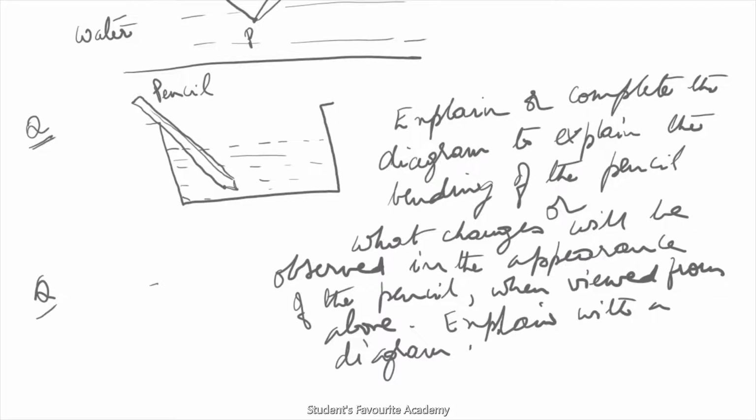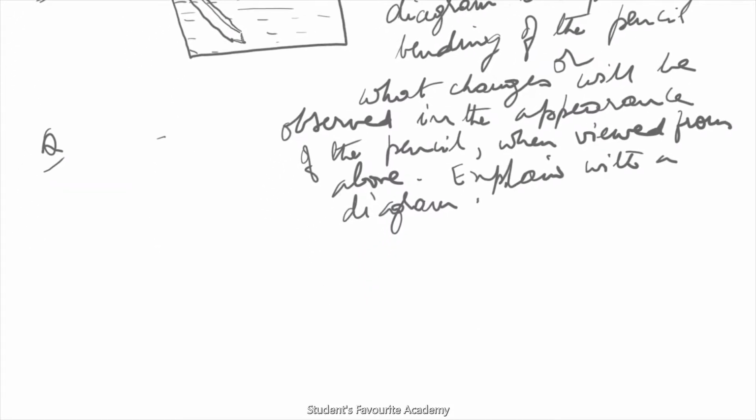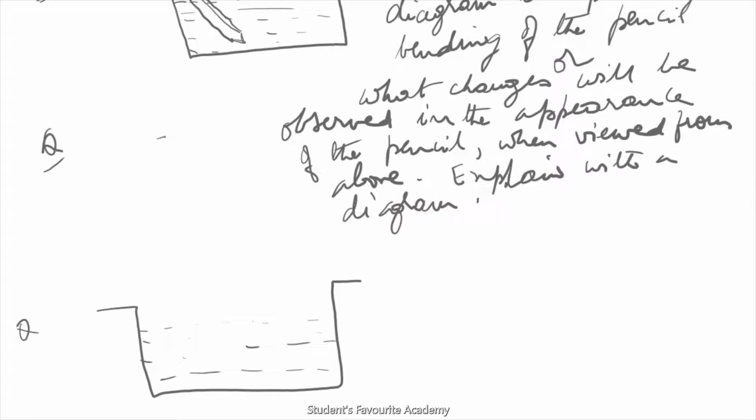Okay. So now similarly, suppose again same thing happens. Suppose you have a beaker, you have water, okay. So here suppose a coin is kept at the bottom of the vessel.